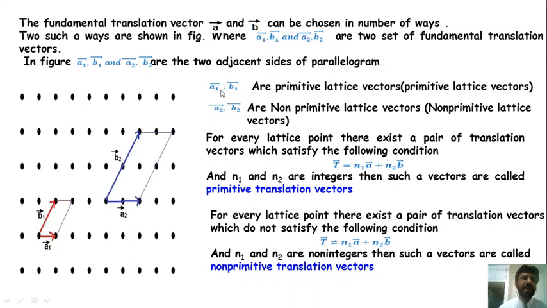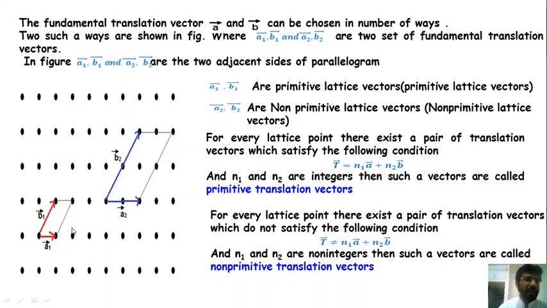Therefore, here A1 and B1 are known as the primitive lattice vectors, and A2 and B2 are known as the non-primitive lattice vectors. Now we are going to see what we mean by the primitive lattice and the non-primitive lattice.